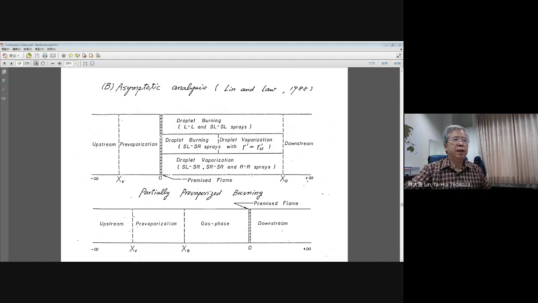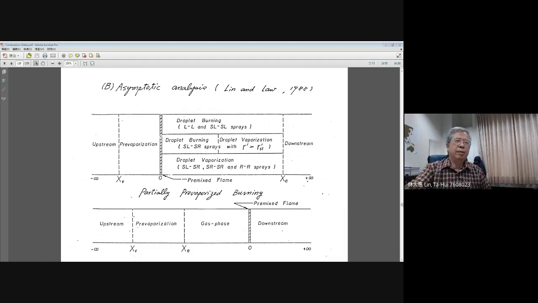For example, for the lean spray, I put L to mean the lean spray, you may have some oxygen left, right? And the droplets still exist in the oxygen environment, so they will burn. But for rich spray, R means rich spray, you do not have oxygen because all the oxygen is consumed completely at the premixed flame. Then you do not have oxygen in the downstream side. The droplets can evaporate, but they do not have a chance to burn.